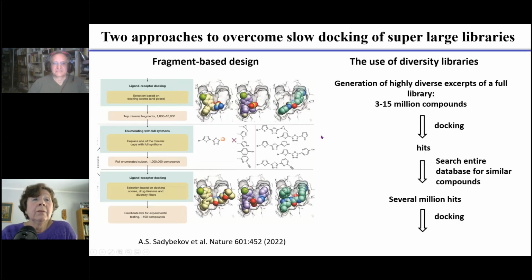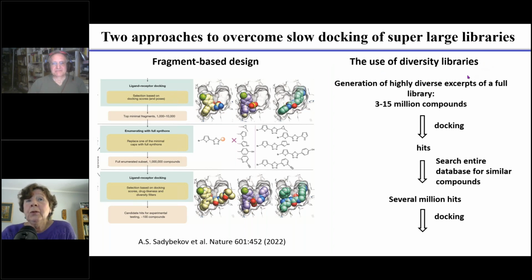So what are the alternatives? There are at least three possible solutions to the slow docking. One is fragment-based design, which is widely used for a good reason. It is effective, but the major drawback is that it doesn't explore a sufficient number of possible linkers. We use the diversity library design.